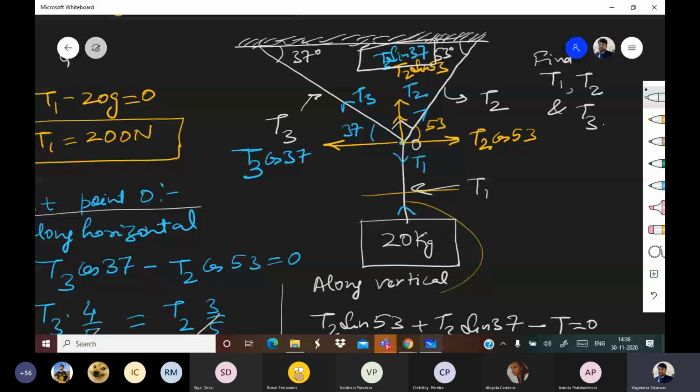T2 sin 53 is acting upward, but this T1 is acting downward at point O. So the upward forces are added. Downward forces, I need to subtract, no? That's why I need to subtract minus T1. Understood, Vedant?